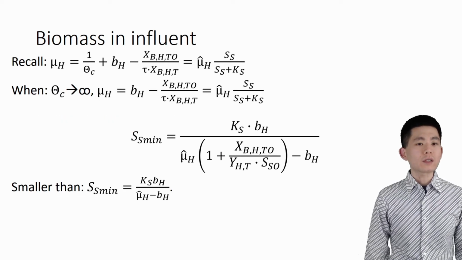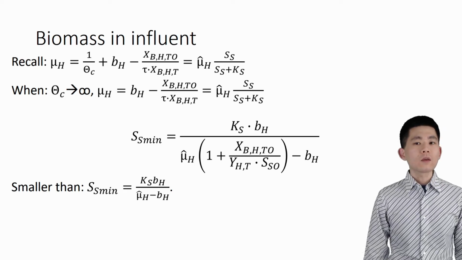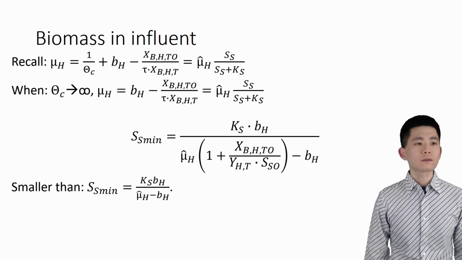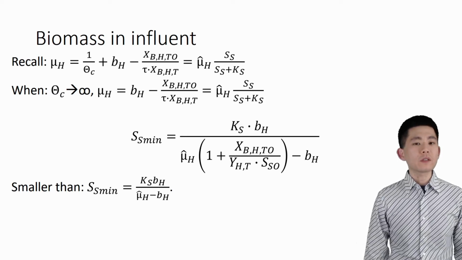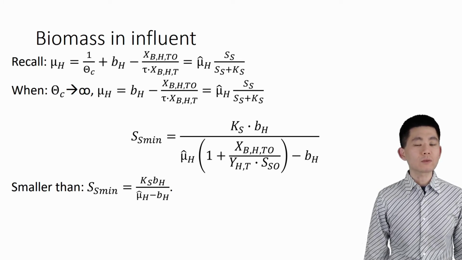We can also connect the expression for specific growth rate, μH, with the Monod equation to find the expression for the soluble substrate concentration, SS. Recall that when the SRT is infinitely long, the effluent substrate concentration is the lowest possible value that can be achieved with this reactor configuration.